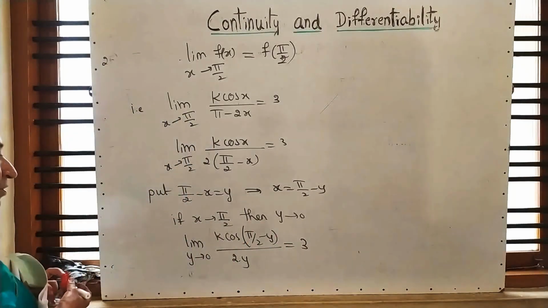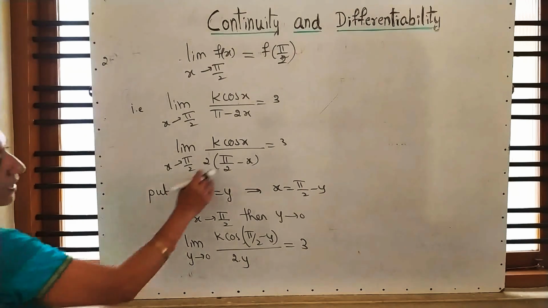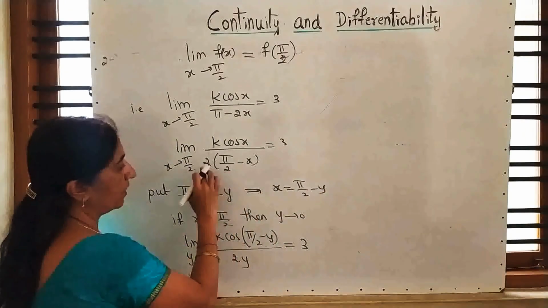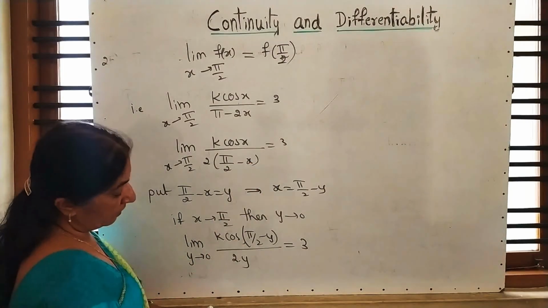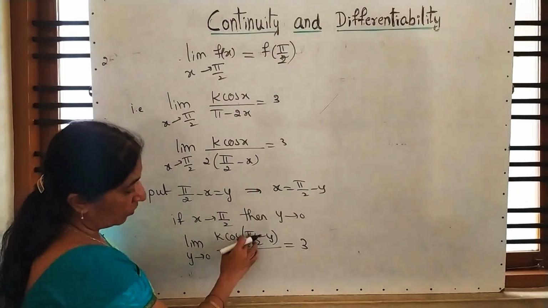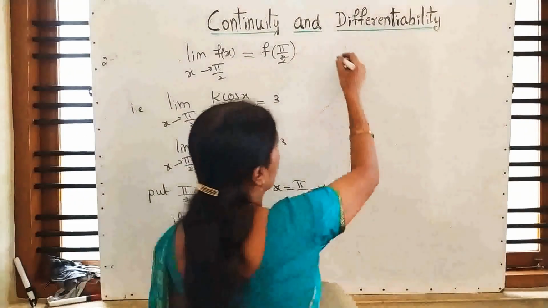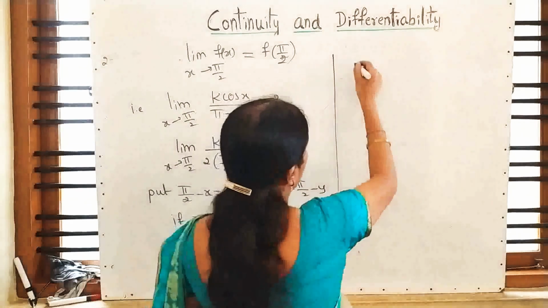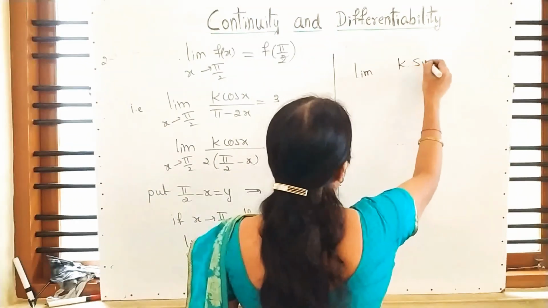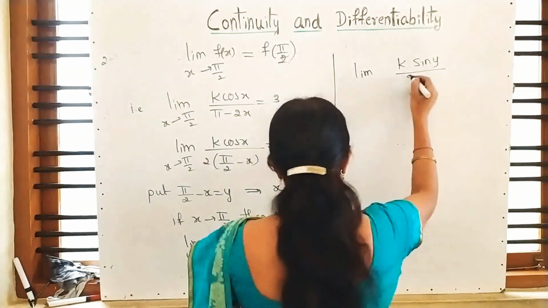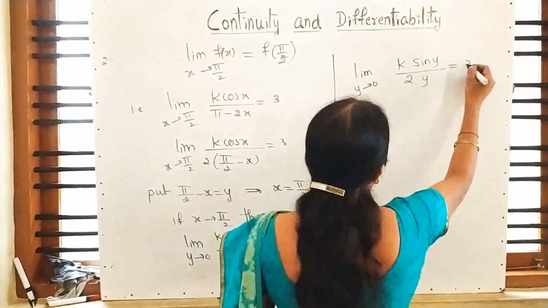See students, observe this carefully, whatever changes I did. In place of x I wrote pi by 2 minus y, and 2 I kept as it is, with pi by 2 minus x as y. What is cos 90 minus y? Cos 90 minus theta is sin theta. So your answer will be limit k into sin y divided by 2 into y as y tends to 0 is equal to 3.